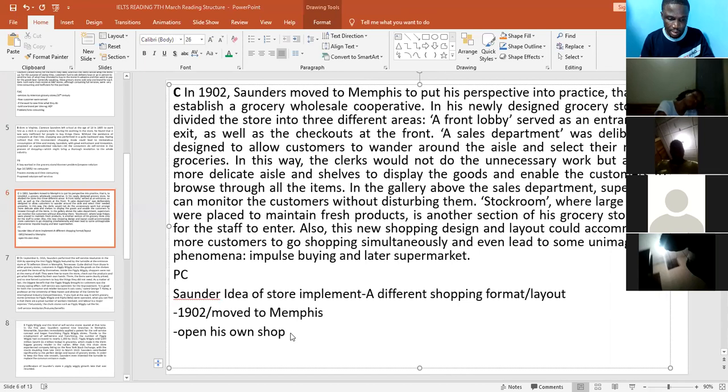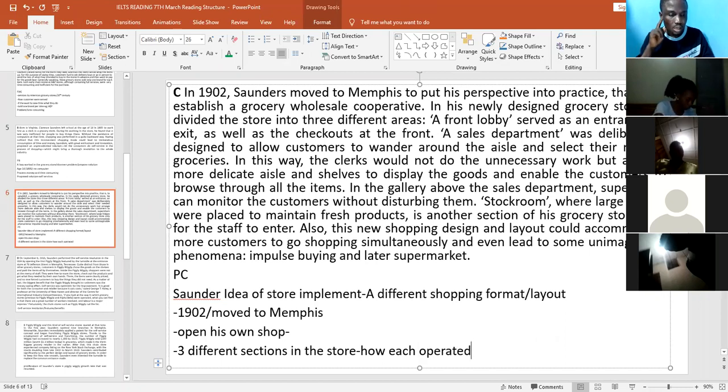Okay, a shop, which was new. Three different sections in the store and how each operated. I don't want to go into the details. The only thing is that when I see the question, I know where to pick my answer and I will go pick it.